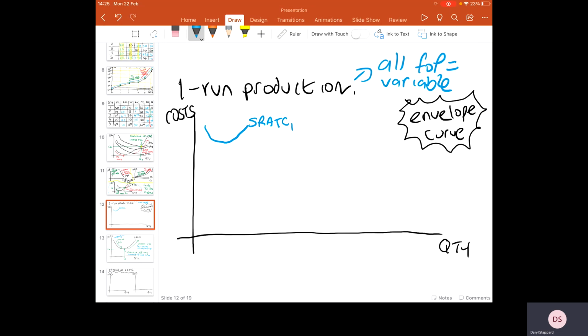Now, what we know is in the short run, as firms scale up production, they will originally benefit from increasing marginal returns. So their marginal cost curve will therefore fall. But then when they suffer from diminishing marginal returns, then the marginal cost curve will start to loop back upwards again. So look at that then.